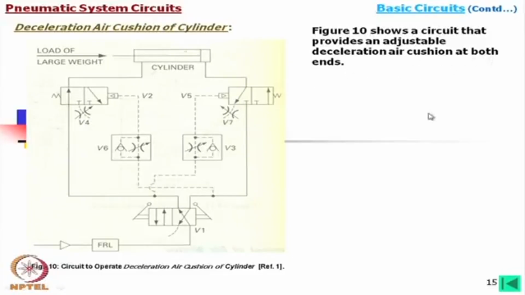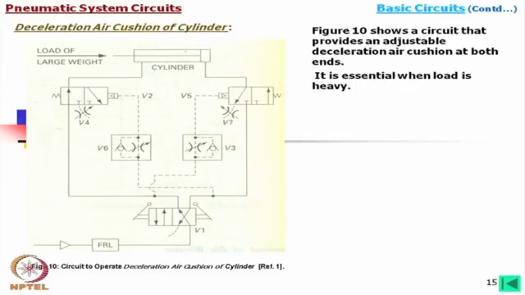In many cases, particularly where there is a heavy load, we need a cushioning effect at the end of the cylinders. The cushioning effect is also used in the case of a hydraulic cylinder.